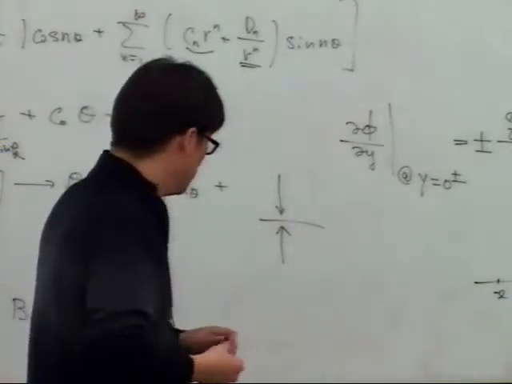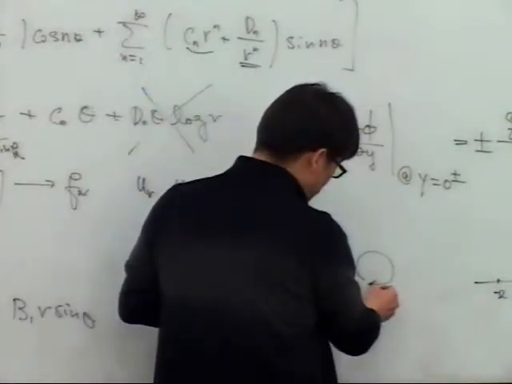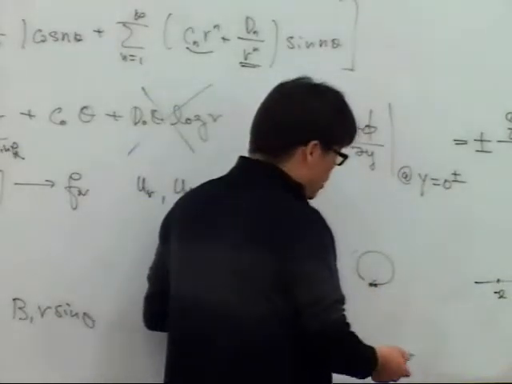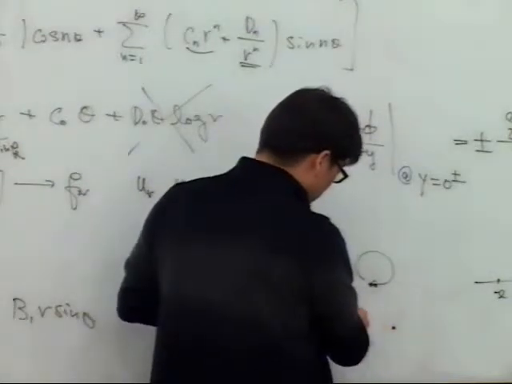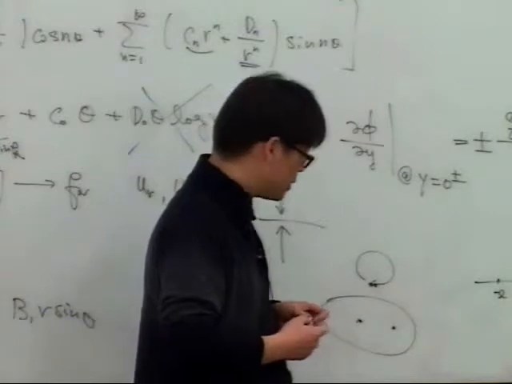So to generate a dipole, I need the same strength of source and sink, right? Then we can put the source and sink with the same strength, and we can have a closed body like this.